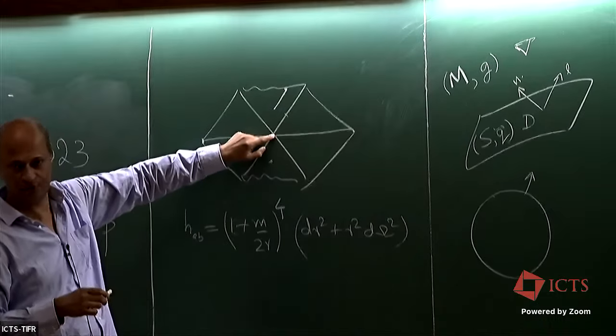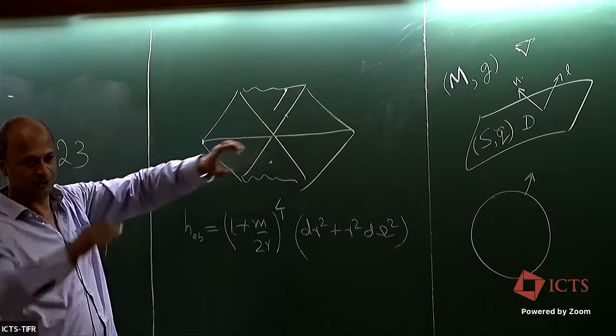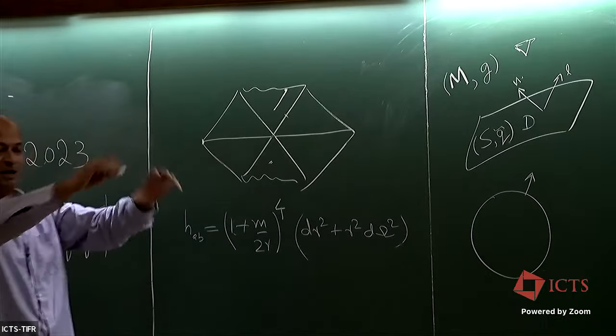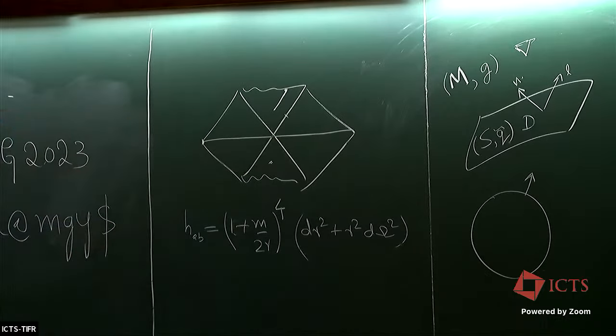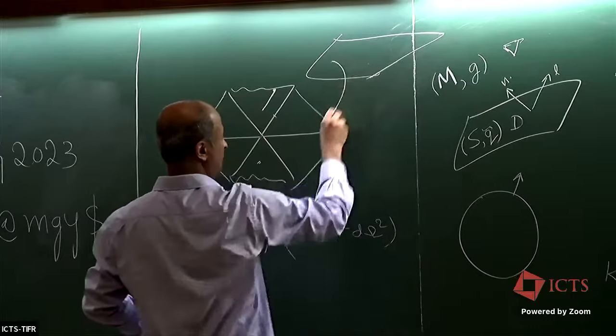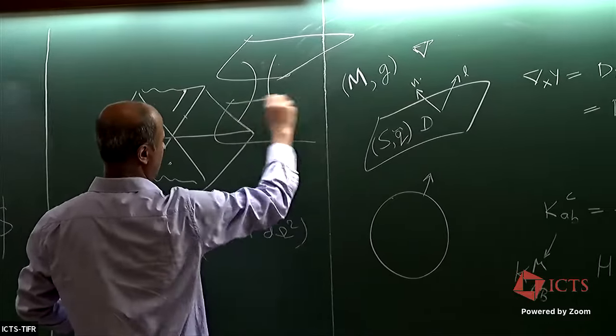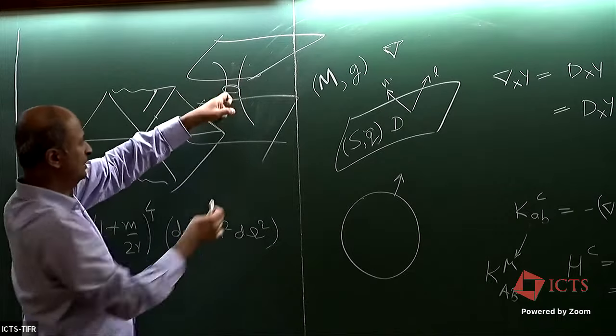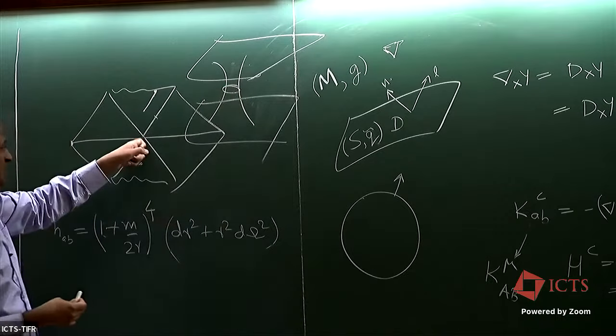At this point, R is 2m, so the spheres are the smallest at that point. If I continue here, the spheres again become large. So the topology looks like this. And the throat, the smallest radius, is exactly the horizon, and that is this point here.